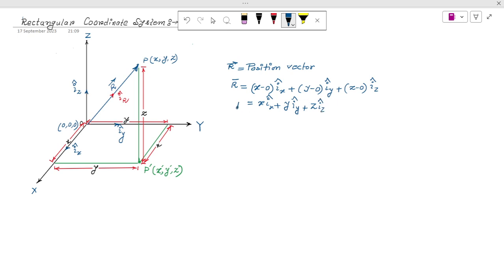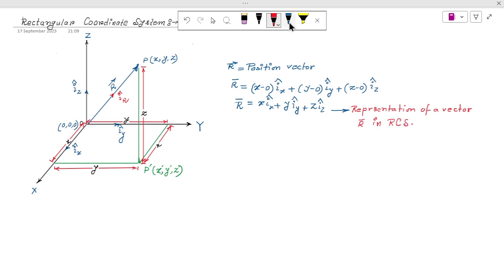This is our presentation of a vector in rectangular coordinate systems. This is the representation of vector. You can write in another color. This is the representation of a vector R in rectangular coordinate system, RCS for short.